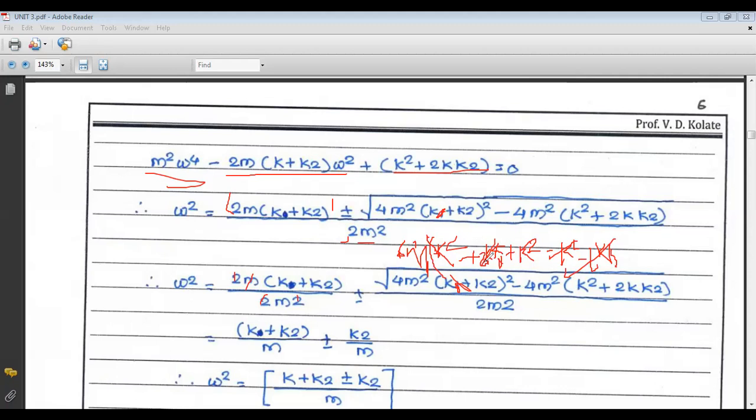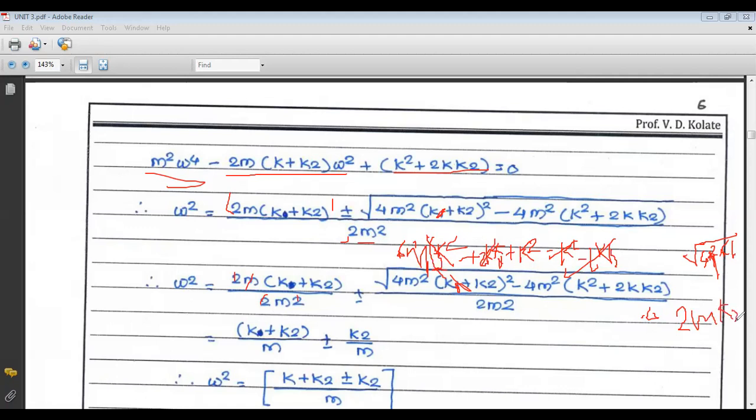So the remaining term is only k2 square, and we take its square root. The remaining term is 4m square into k2 square. The square root of 4 is 2, the square root of m square is m, that is 2m, and the square root of k2 square is k2.